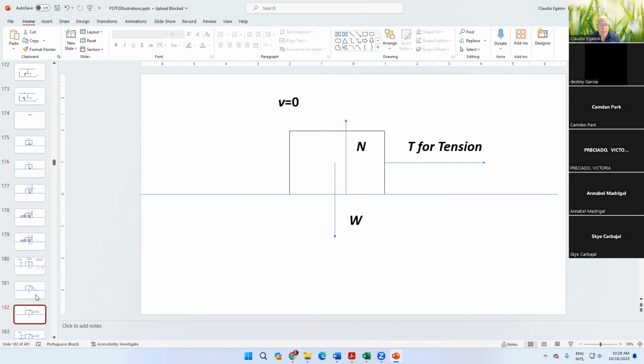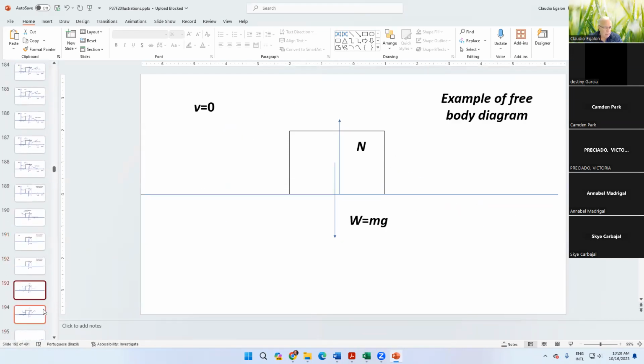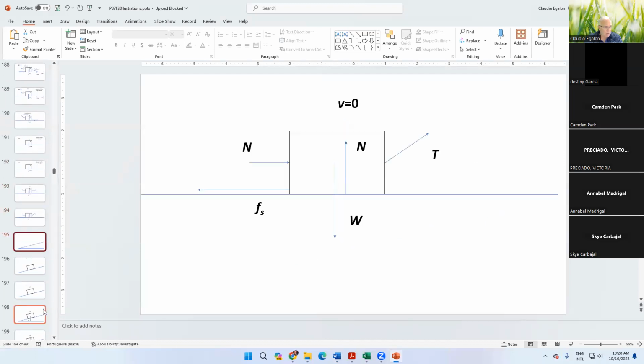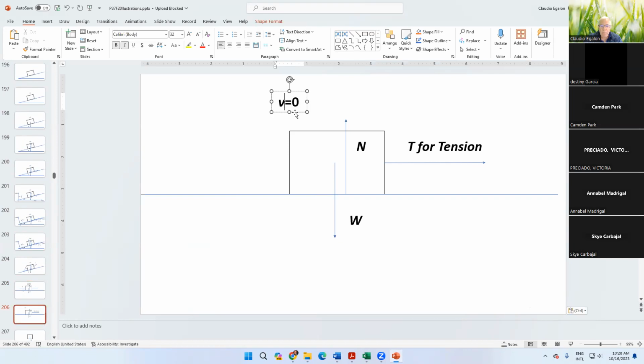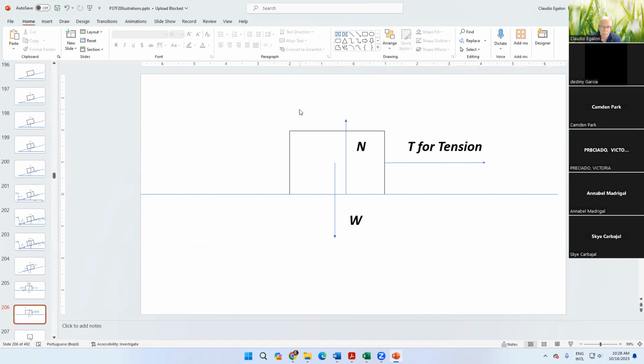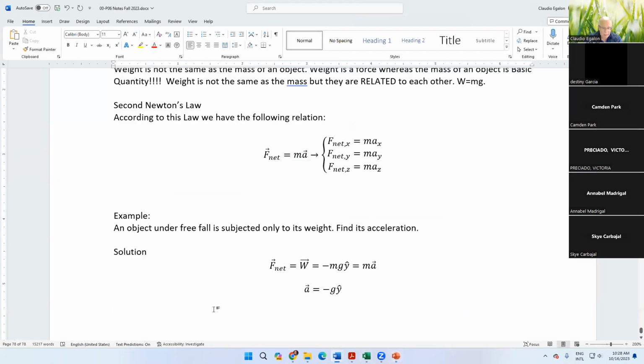Let's go ahead and use this illustration. A mass resting over a frictionless surface. Here goes, another example. I call that example 2.